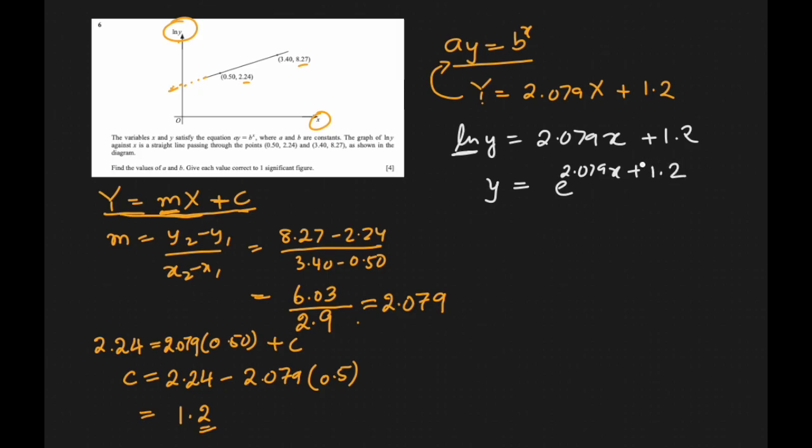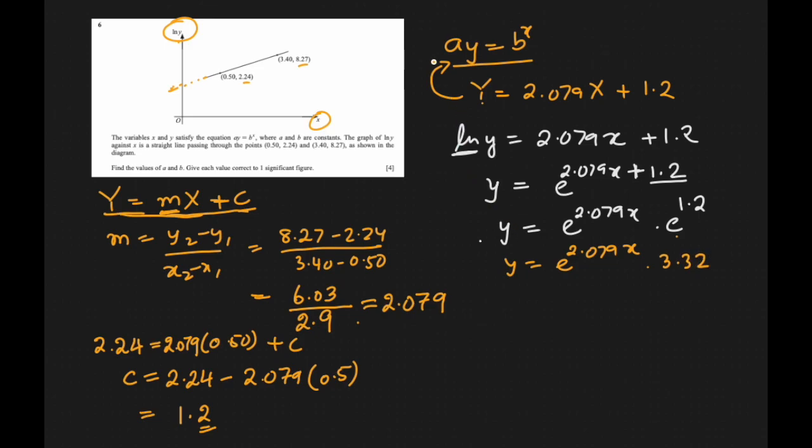Now since this is adding, that means I can separate this 1.2 from this this way: e to the power 2.079x multiplied by e to the power 1.2. So let's evaluate this one. Y is equal to e to the power 2.079x, and this becomes 3.32.